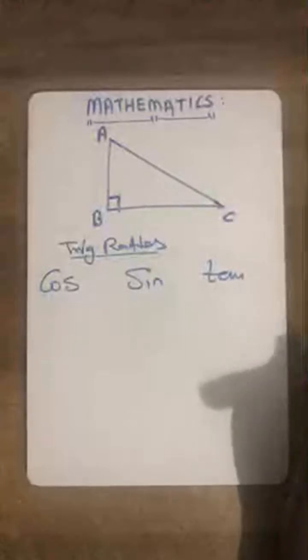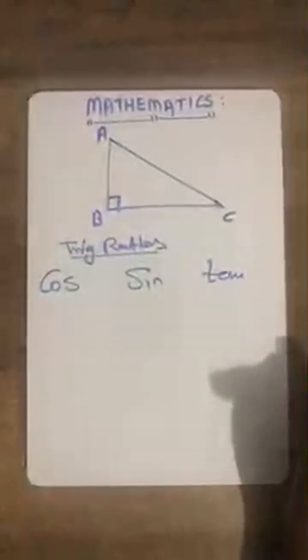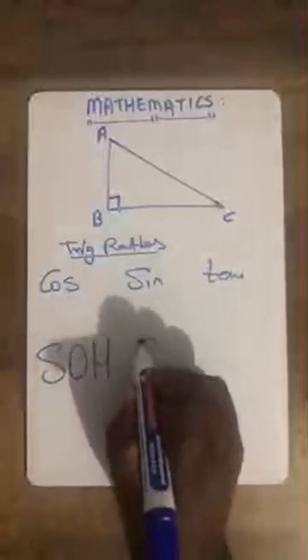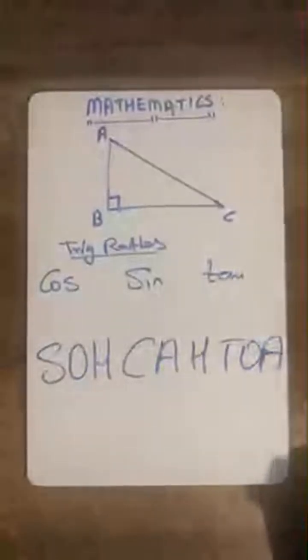Sometimes to make it easier, they make use of what we call SOHCAHTOA, just so that it's easier to know which trig ratio represents which ratio. So for example, SOHCAHTOA, this one you obviously know.